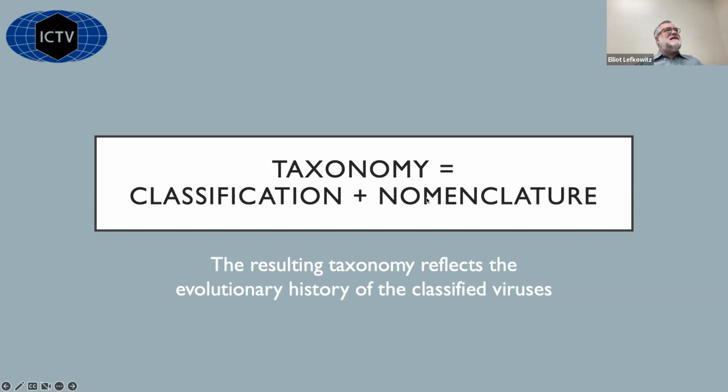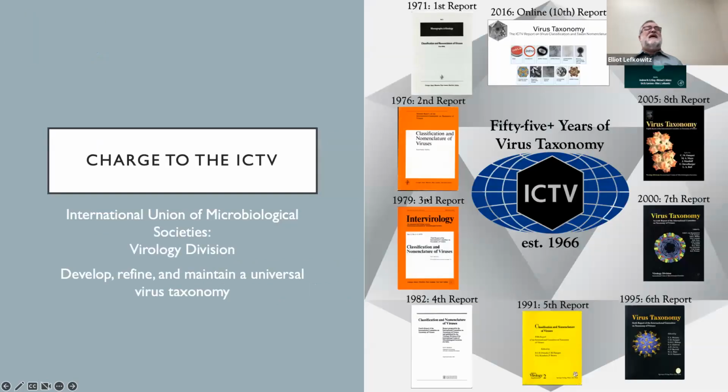So why does the ICTV do this? Well, the ICTV has a specific charge by the International Union of Microbiological Societies, the Virology Division, to define, refine, and maintain a universal virus taxonomy. And it started doing its work back in 1966. And so it's been operational for 55 plus years. Its first report on virus taxonomy, classifying and naming all the viruses known at that time, came out in 1971.